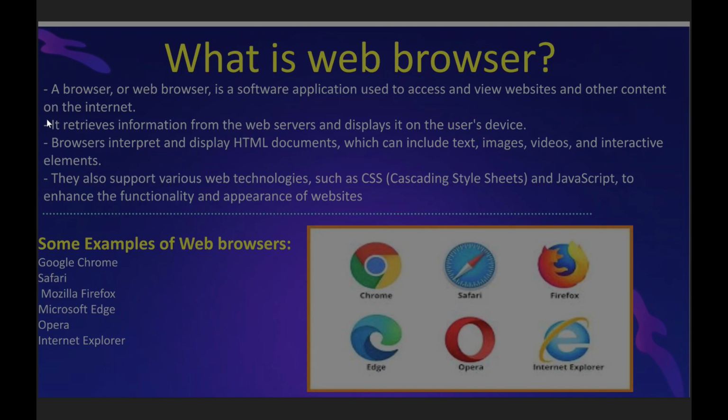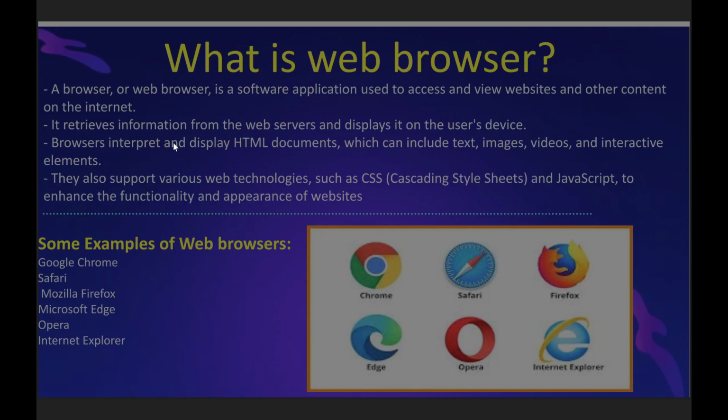Okay, so let's go to the point. It retrieves information from the web servers and displays it on the user's device. Yes, of course, as I said, if you have a new device or computer, laptop, unless you have a web browser, you cannot view anything on the internet. Browsers interpret and display HTML documents, which can include text, images, videos, and interactive elements, or we can say multimedia as well.